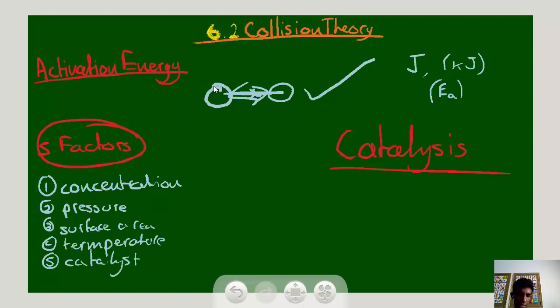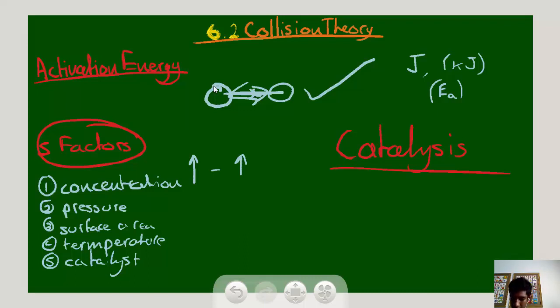Okay, so the first factor is concentration. If there's a high level of concentration, there's likely to be a high rate of reaction. This is because there are a lot of particles within the solution and within the reactants which are ready to collide with one another, leading to a high rate of reaction. Next is pressure.